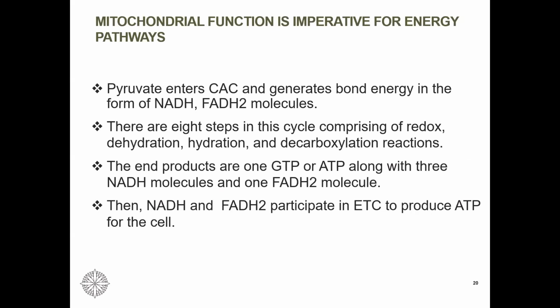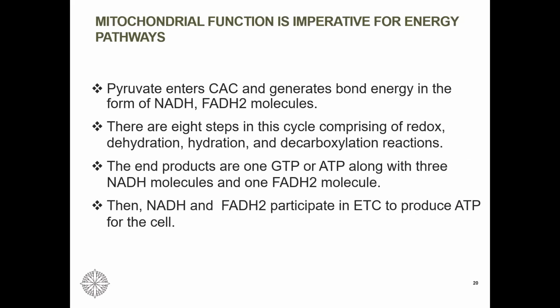I said I'll talk about this slide a little more. Just to refresh your memory, via glycolysis also we are generating a few ATPs. Then in the ETC, Krebs cycle, we are generating a few more ATPs.